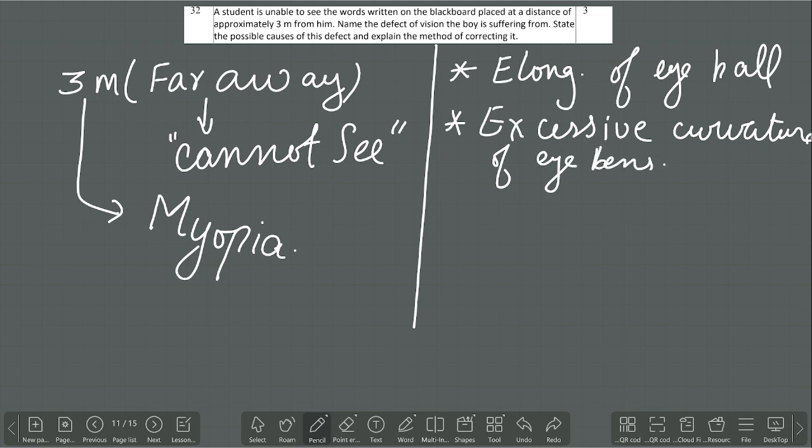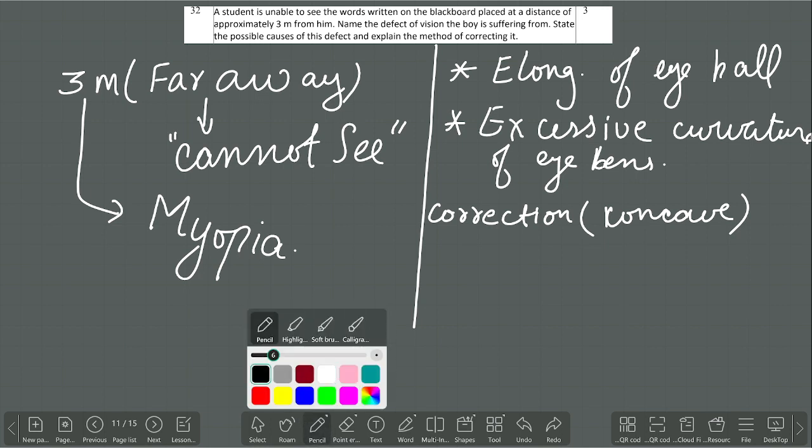And then explain the method of correcting it. So by correction we need to give, by using what type of spectacles we are going to correct myopia? By using spectacles made up of concave lens. So the respective diagram you need to draw over here.